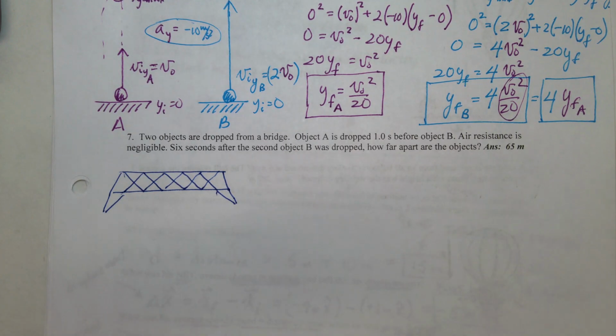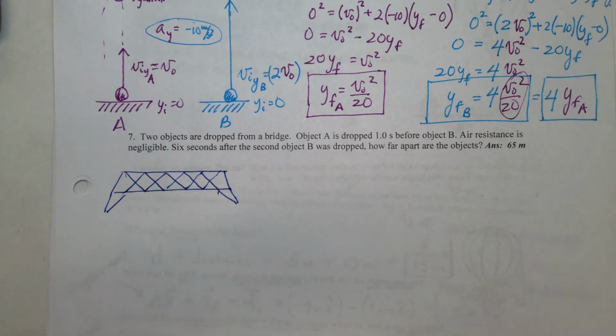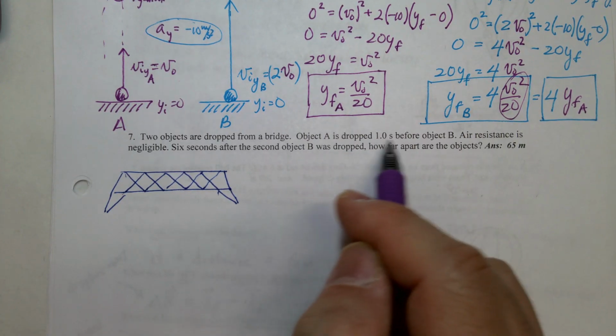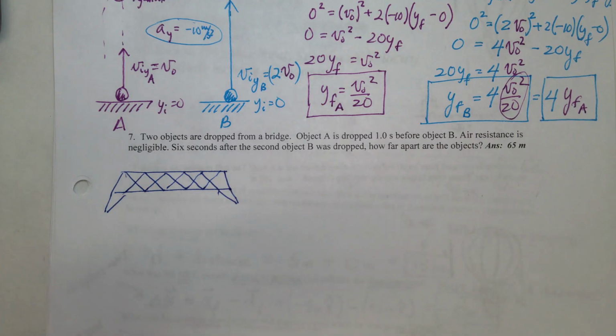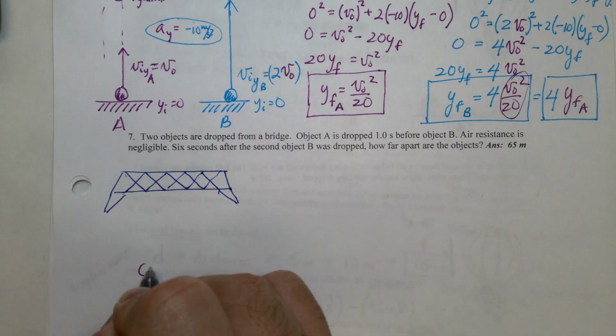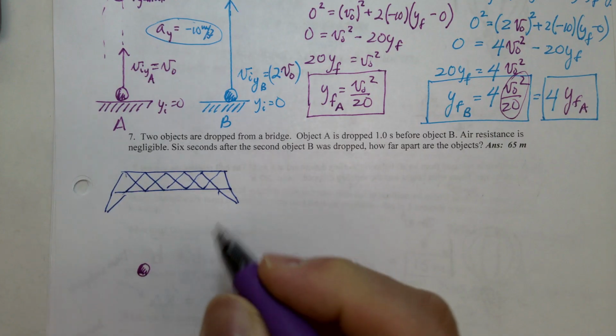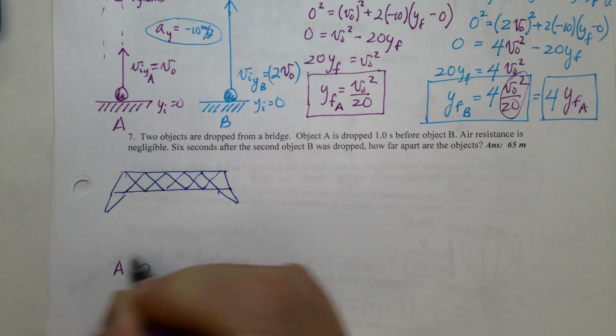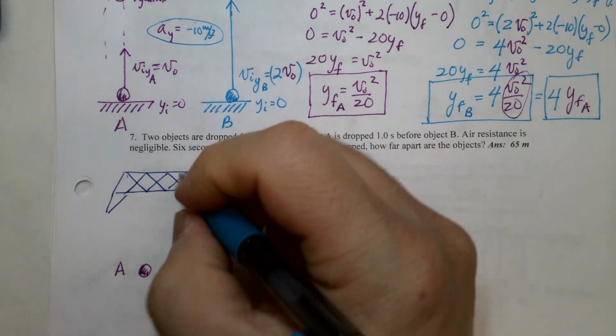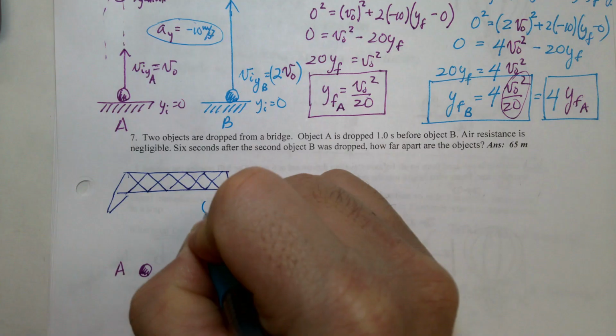Object A is dropped 1 second before object B. So which one travels first? A. So A is dropped 1 second before B, so B is going to be following A.